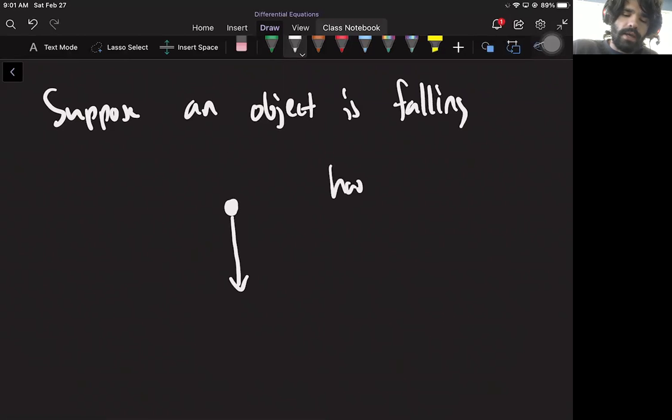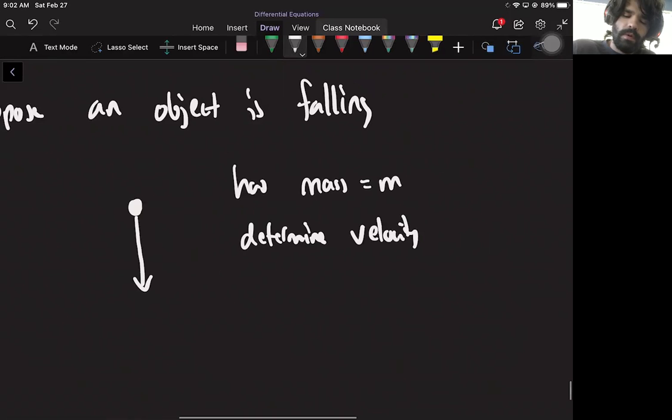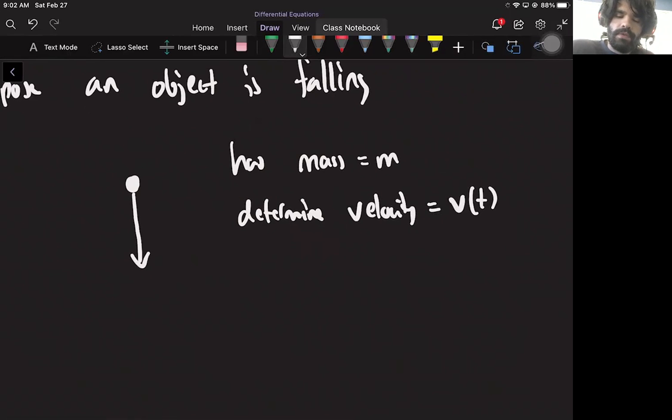It has some mass, which you call m, and what we're trying to determine is the velocity, how fast it's falling, which you call v, but it's actually going to depend on time. As you fall further, it changes. As time is passing, it changes. And of course, time is t.